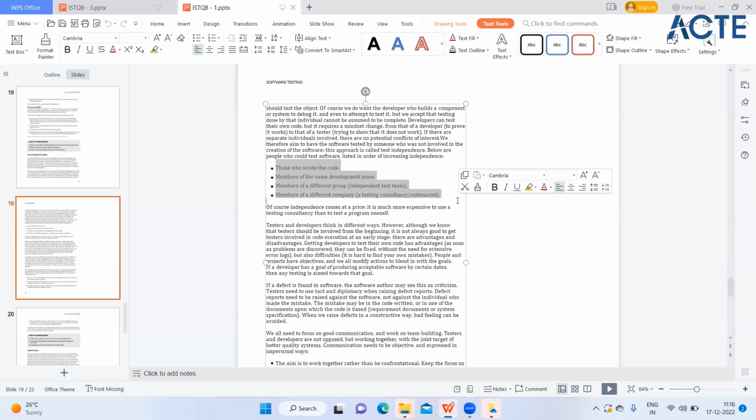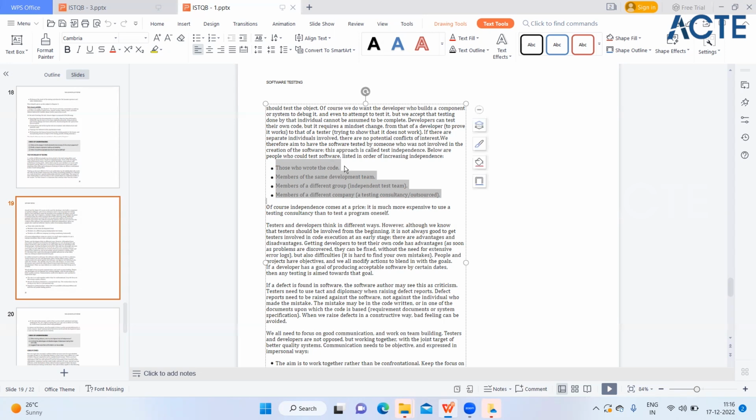So you have to choose the option wisely: the more outsider person has more independence. You just have to remember these points.